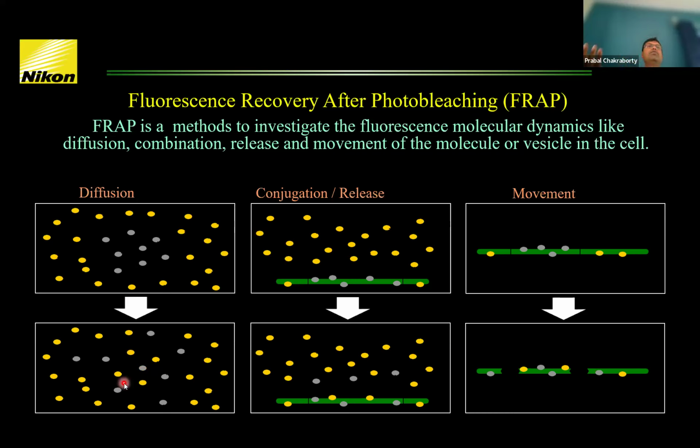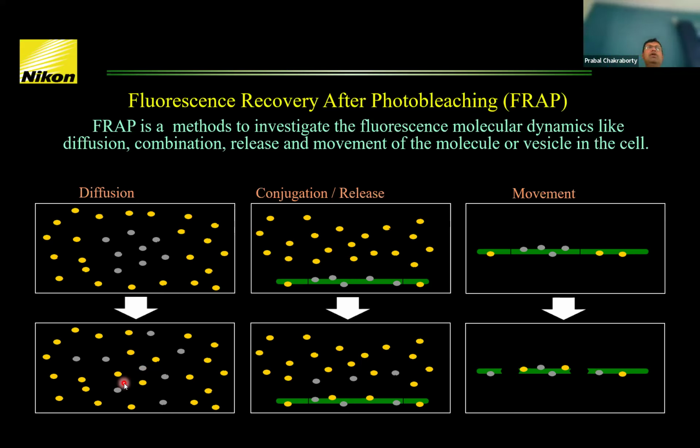It recovers its fluorescence because of the movement of the fluorophore molecules from outside to inside the ROI. That property is called fluorescence recovery after photobleaching, and we can use it for studying the dynamics or diffusion rate of proteins.